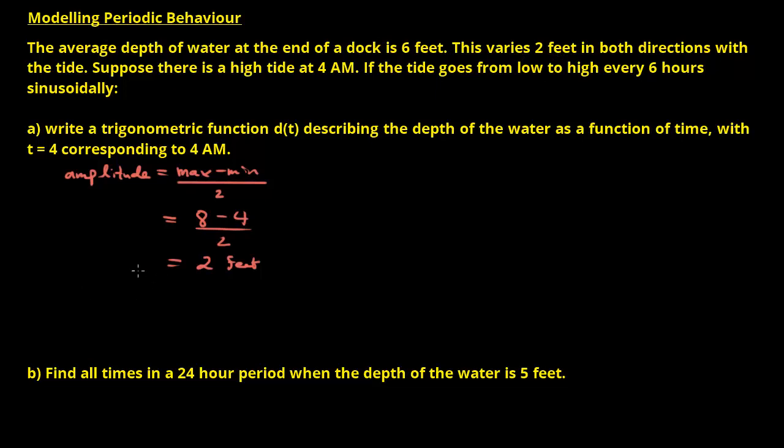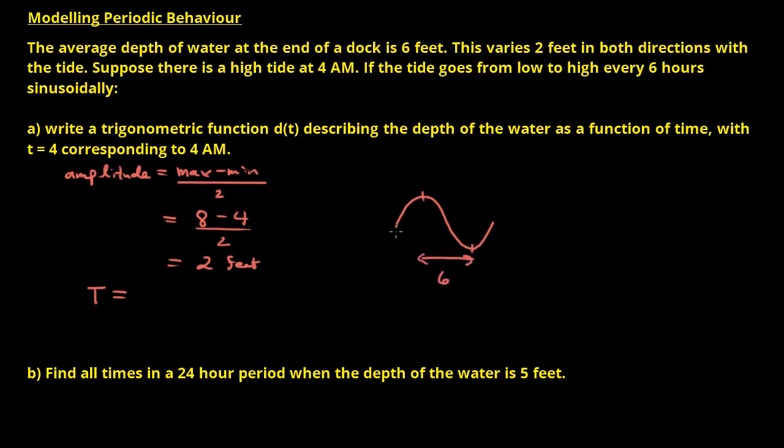The next part of this problem is we need to think about what the period is. It says the tide goes from high to low every 6 hours sinusoidally. So if we sketch out a sinusoid like this, we're going from high to low every 6 hours.